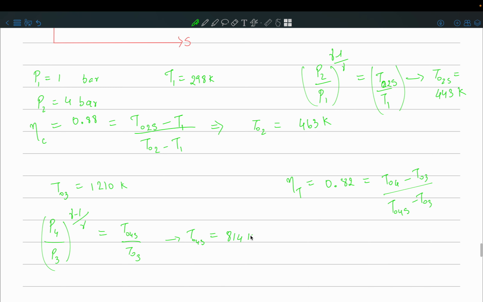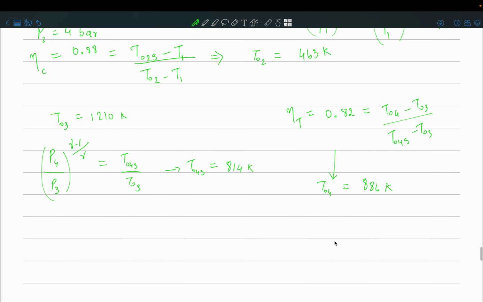Yeah, it's 814 Kelvin. Okay. Yeah, so if you just plug this back here, and you also know T03 and the turbine efficiency, using that you can get T04 equal to 886 Kelvin. Is it?